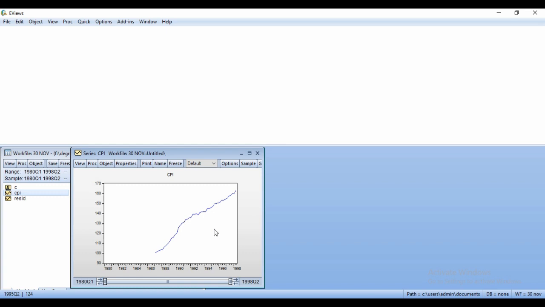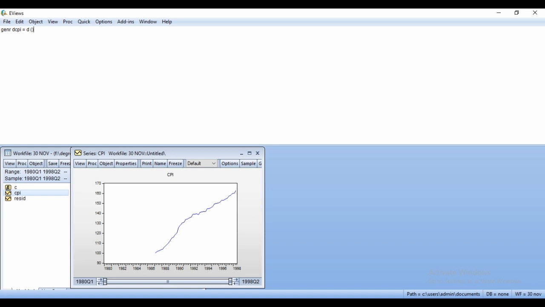So to make it stationary, we have to write a command, generate GENR, and we have to generate a new variable, we can say dcpi is equal to, and we have to take a difference.